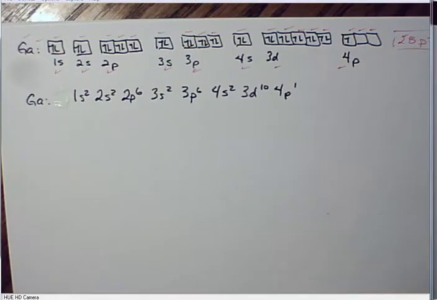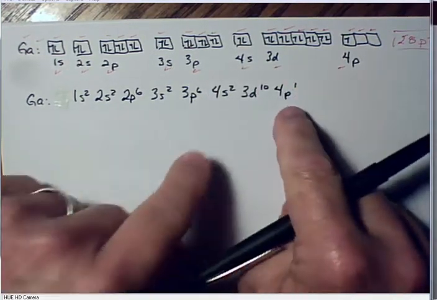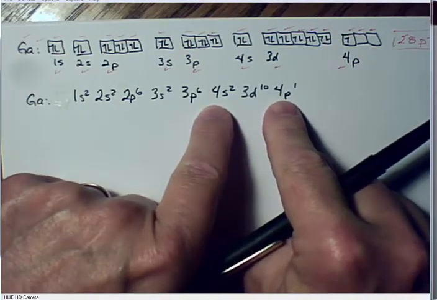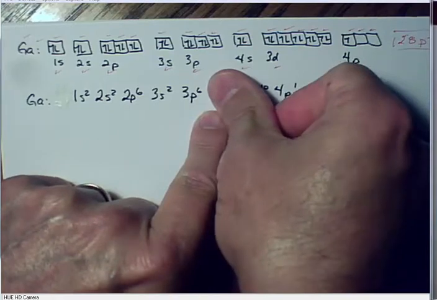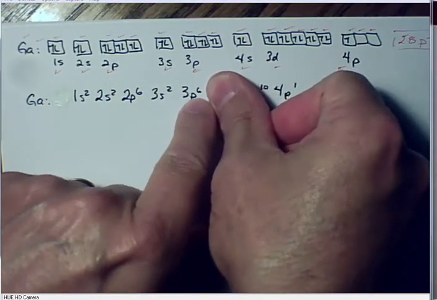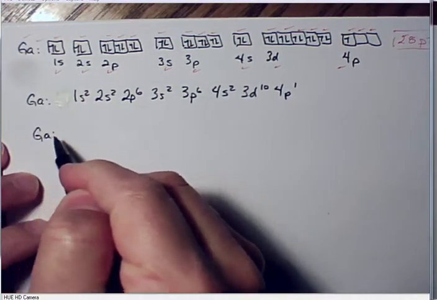Argon's electron configuration ends at 3p6. The highest energy level is 4. That's gallium. So all of that is going to be replaced with the symbol for argon.